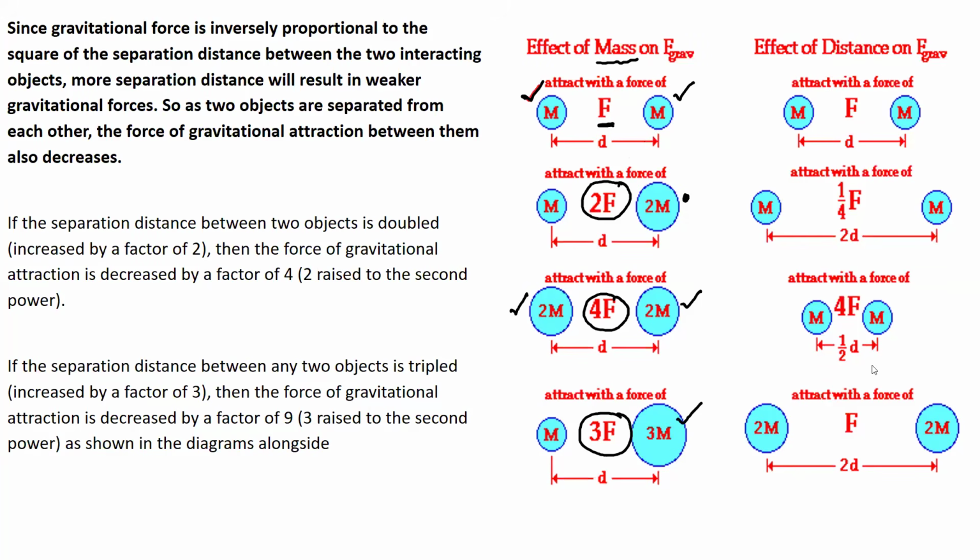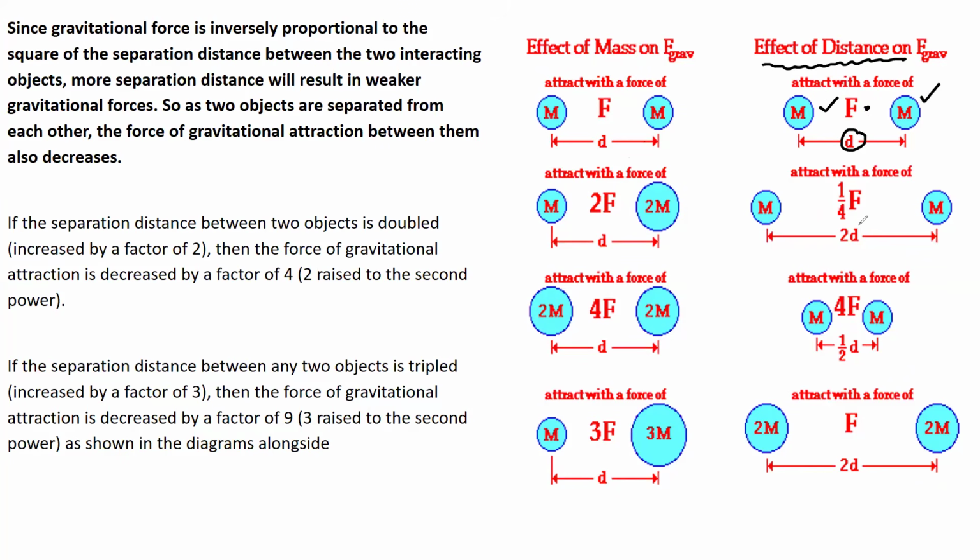Look at the distance, which is more interesting. The effect of distance. So to begin with, the distance is still D, the force is F. Let's change the distance. Let's make it twice as much. Then it means that the force becomes a quarter. Let me show you. F is inversely proportional to R squared. So if you make R twice as much, it means it's 1 over 4 R squared.